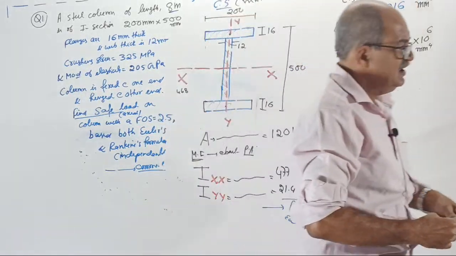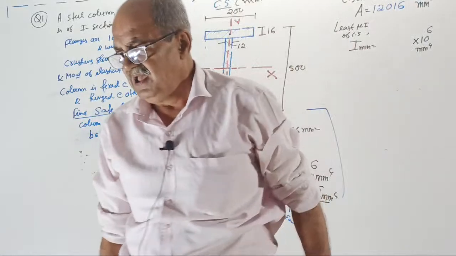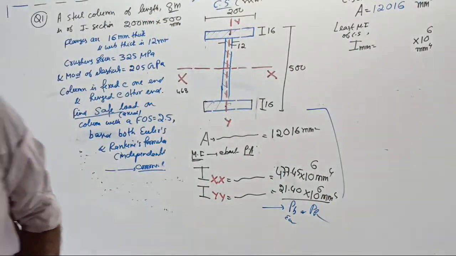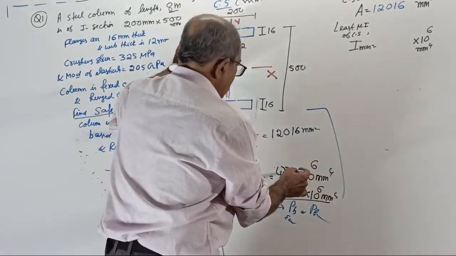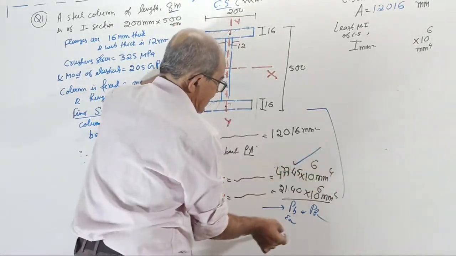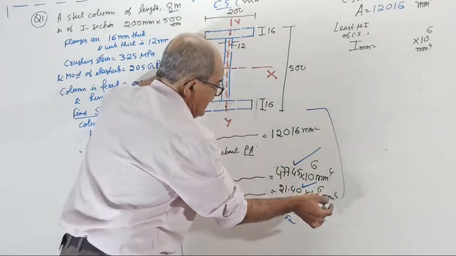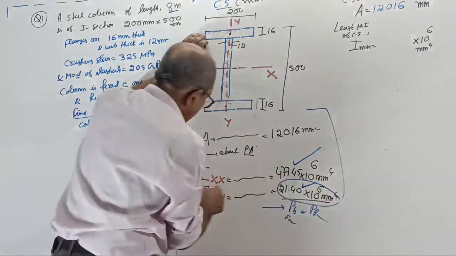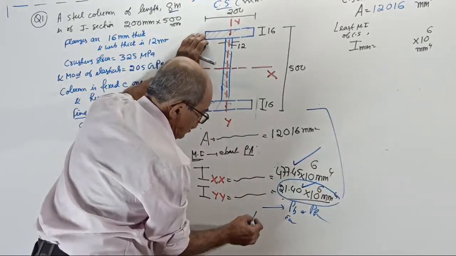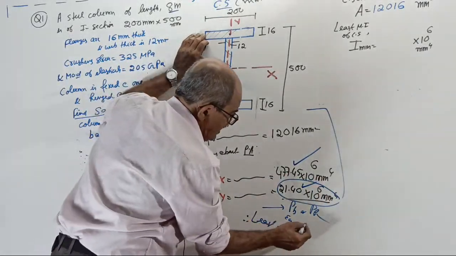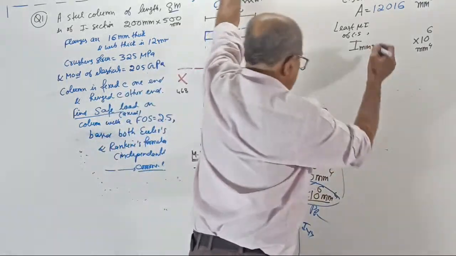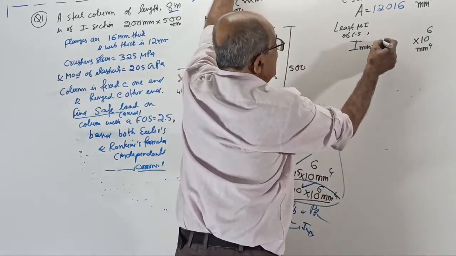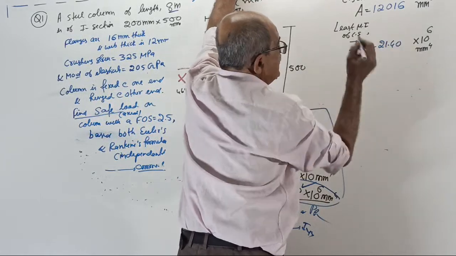We do not want all the moment of inertia, we want least moment of inertia. One of them is 477, other is 21.4. Therefore, IYY is least. Write it here: 21.40 into 10 to the power 6.